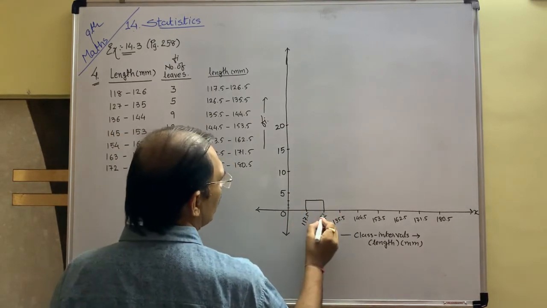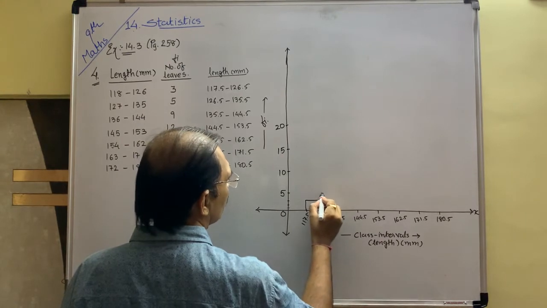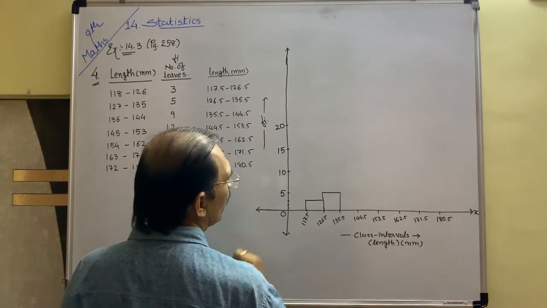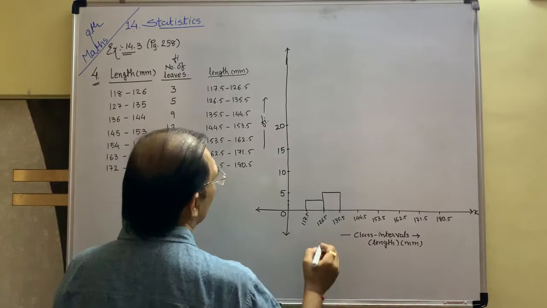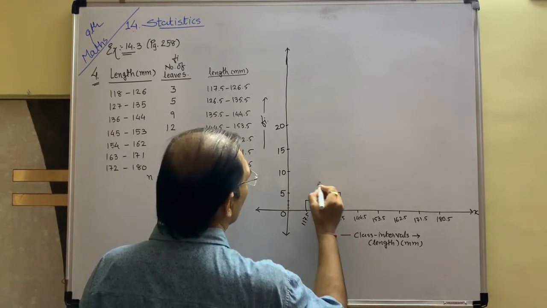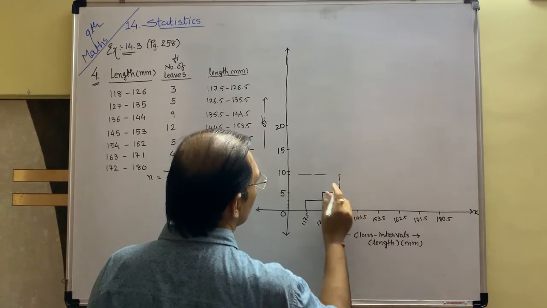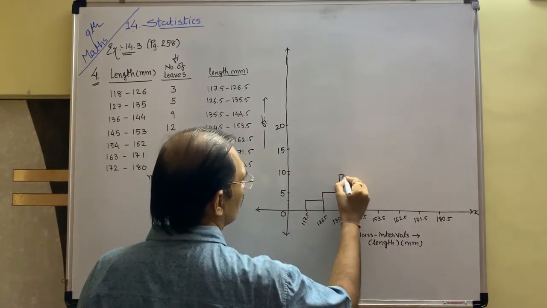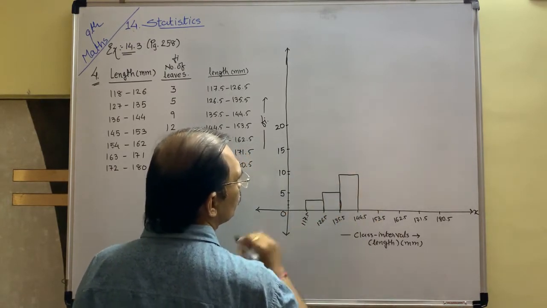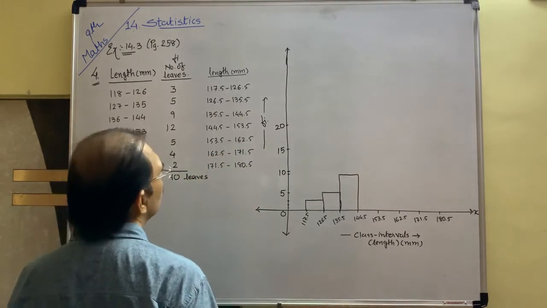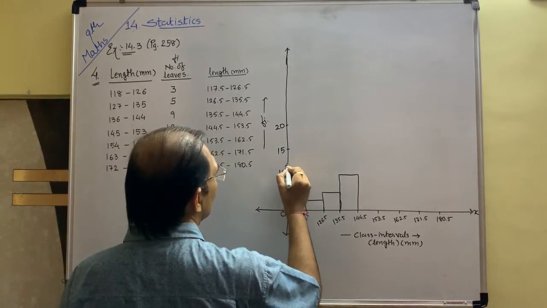Then 5, 126.5 to 135.5. Then 9, 135.5 below 10. Then 12 means 10, 11, 12.